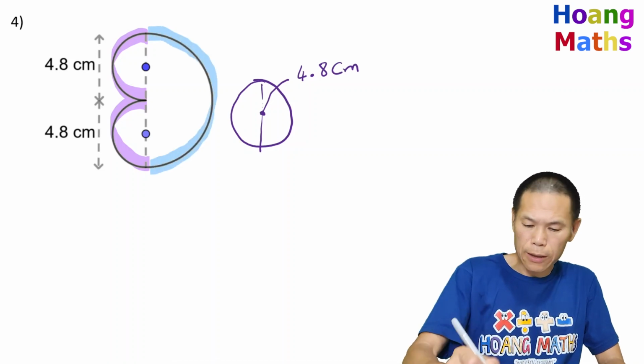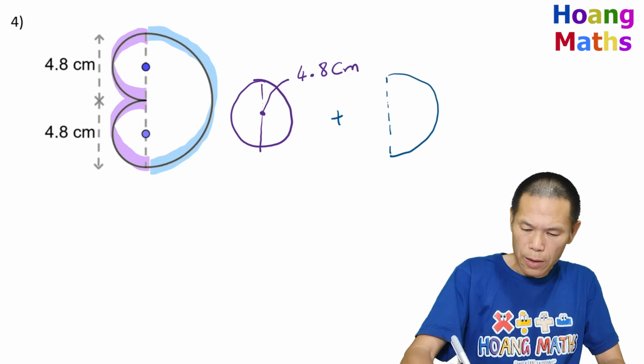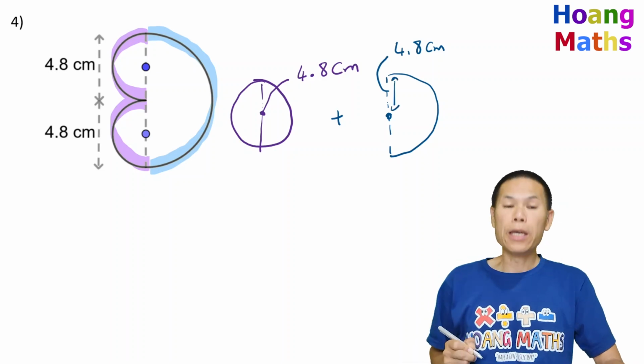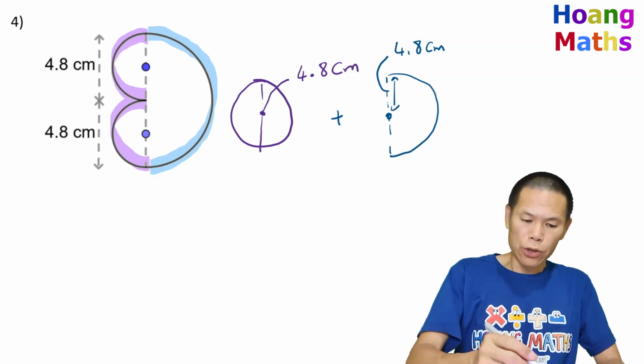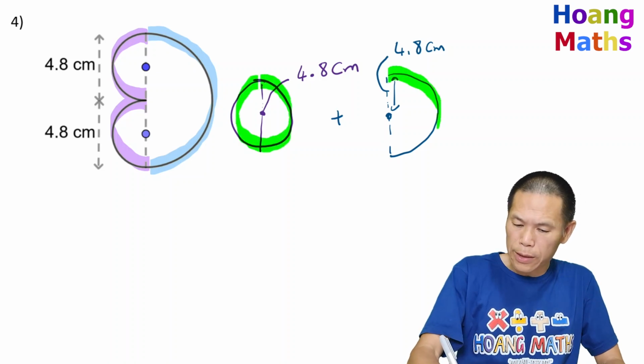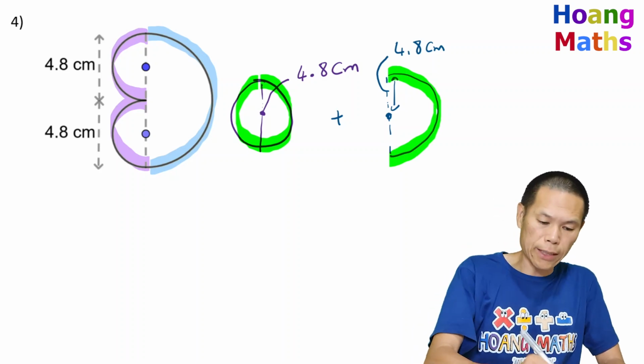We add this half of circle, and the radius of this is 4.8 centimeters. Don't forget, because it's from here to here is 4.8. So now we just need to calculate the perimeter of this. We add this circumference, half of a circle, and that should give us the answer.